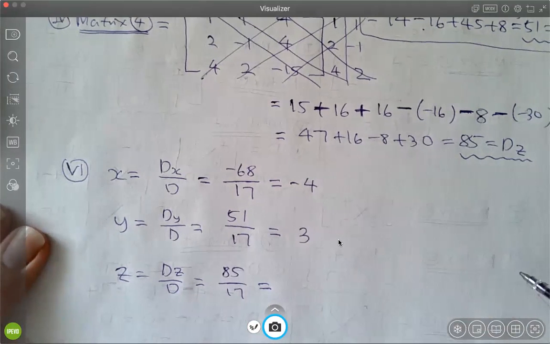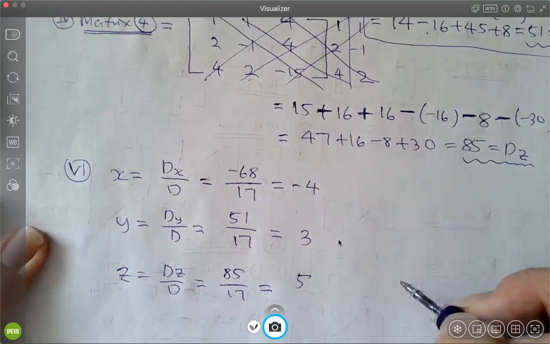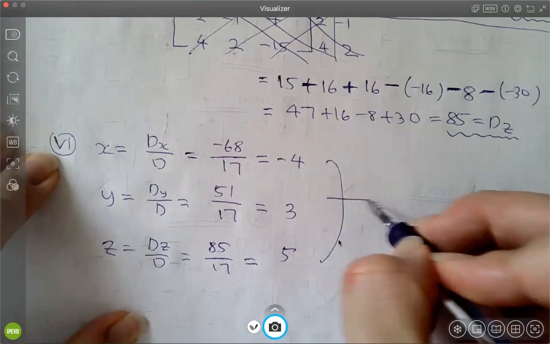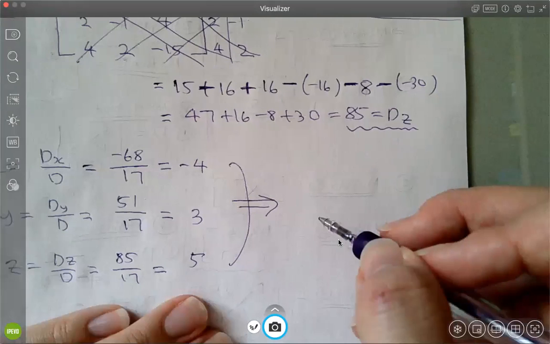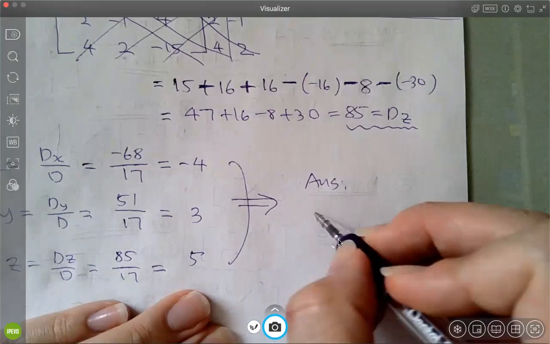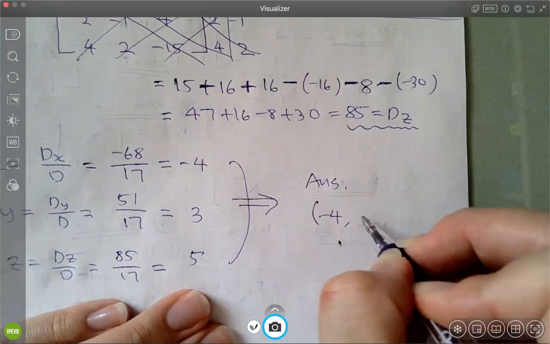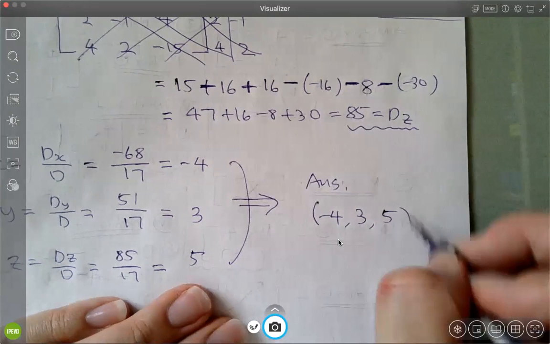And what is 85 over 17? 5, right? Okay, so what's the answer? For the systems of 3 equations, remember, how do we write our answer? Ordered triple, right? So it's x is -4, and then comma y, which is 3, and then comma z, which is 5. So -4, 3, 5 is the answer.